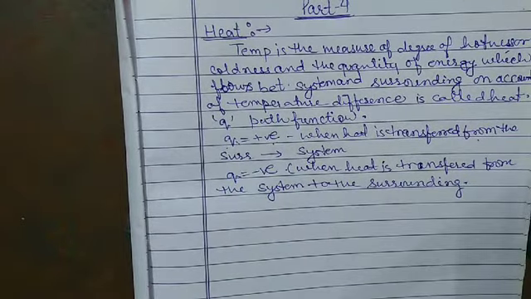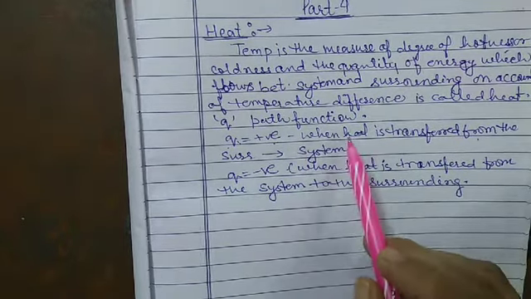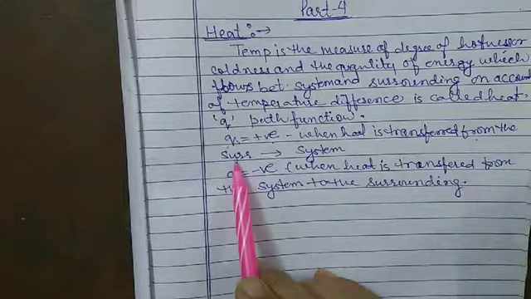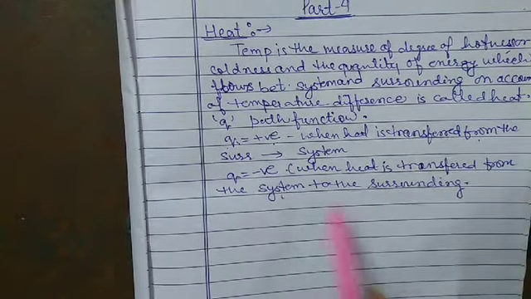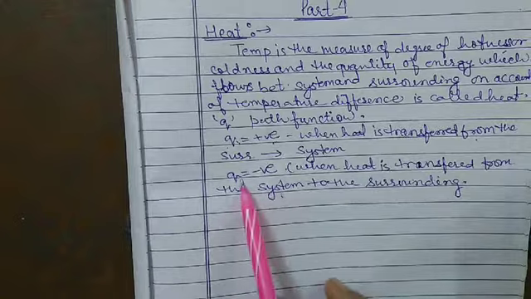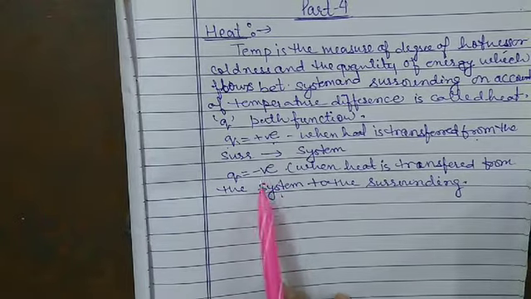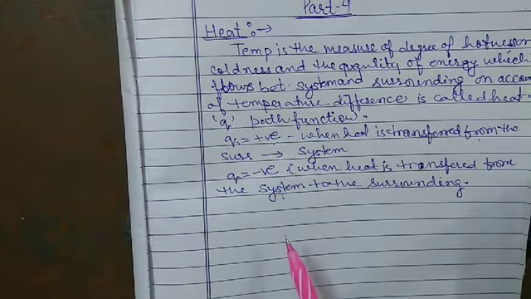So the value of Q is positive when heat is transferred from surrounding to system, and when heat is transferred from system to surrounding, then the value of Q will be negative.